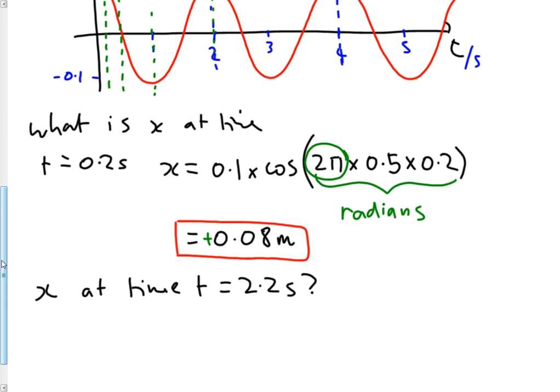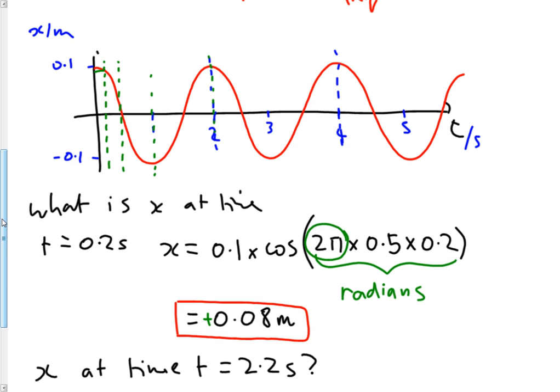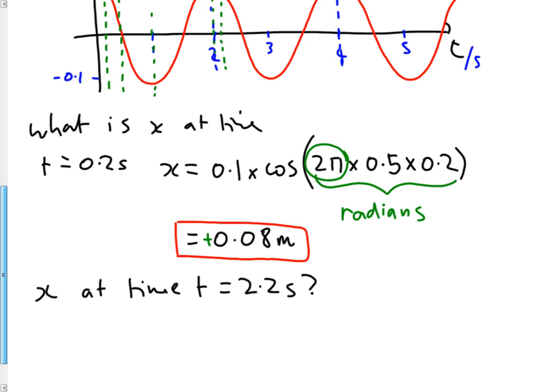But this whole graph repeats every 2 seconds, so I'm hoping that at 2.2 seconds, which is about here, the displacement is going to be exactly the same because it repeats every 2 seconds. But it's good practice to put that into your calculator. Make sure your calculator is in the right mode and that you get the right answer.